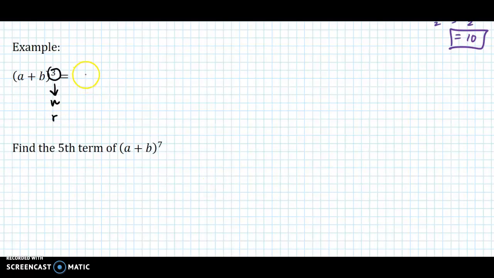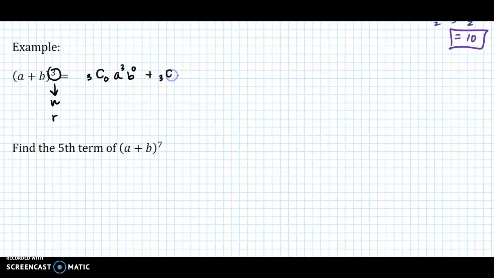So if we're going to expand this out, we would say 3 choose 0, because we're taking 3 numbers and we're choosing 0 of them. We're choosing 0 b's, and then it would be a to the third, b to the 0, following our same binomial expansion pattern.